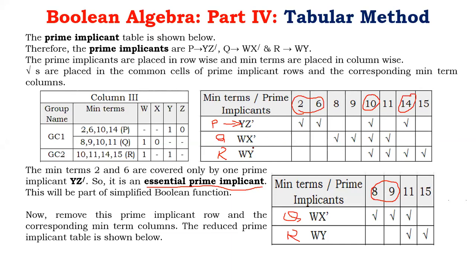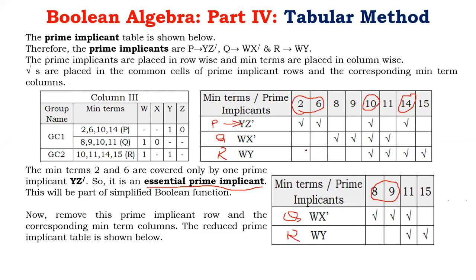From this table we define P, Q and R, all three, as essential prime implicants. 2 and 6 are covered only by P, 8 and 9 only by Q, and 15 only by R. So to cover all the min terms, we should take P, Q and R. So P, Q and R are the essential prime implicants for this example.